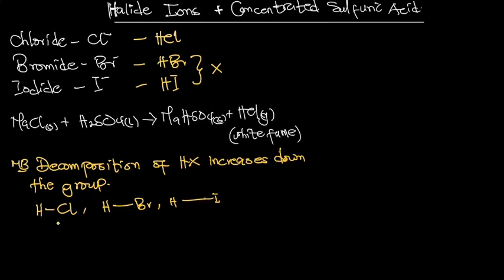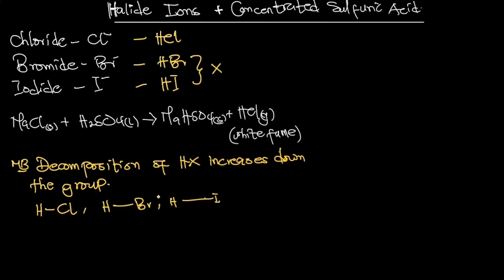Why is that so? As you go down the group, new shells are being added to the halogen, which means there is an increased distance between the outermost shell and the nucleus of the halogen. The shorter the bond, the stronger it is. The longer the bond, the weaker it gets. So what happens if this bond breaks?